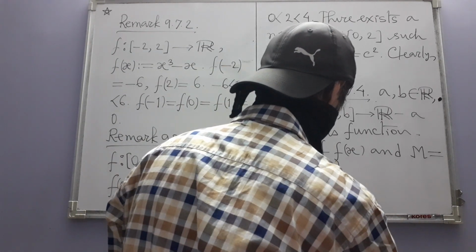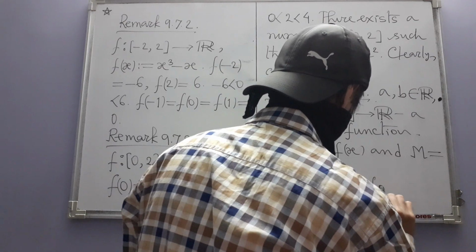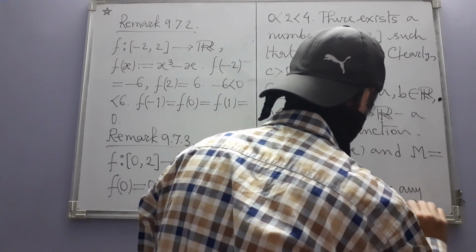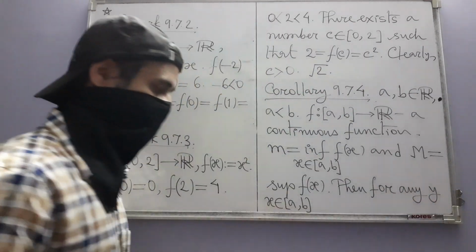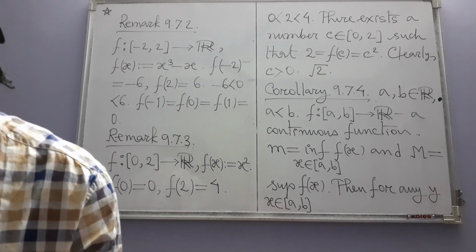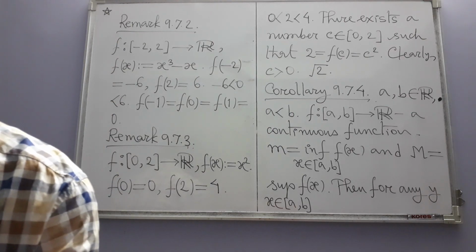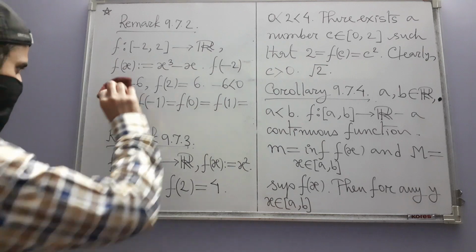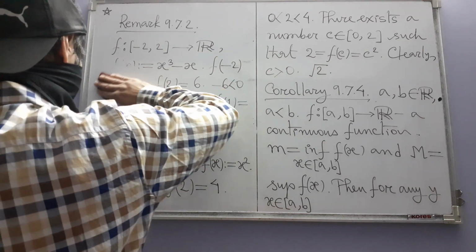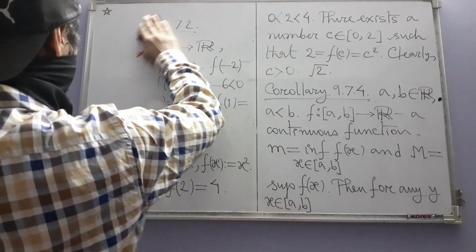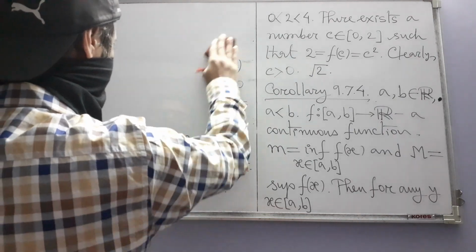Then for any real number y in between this small m and capital M, there will be a point in the domain whose f image is equal to y.